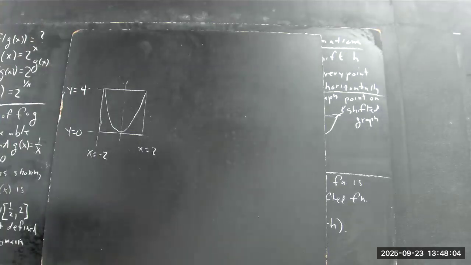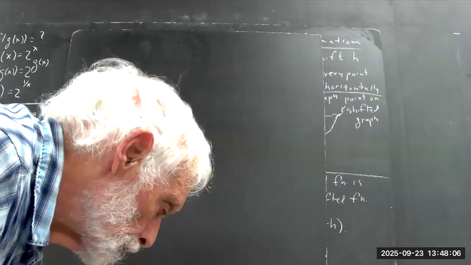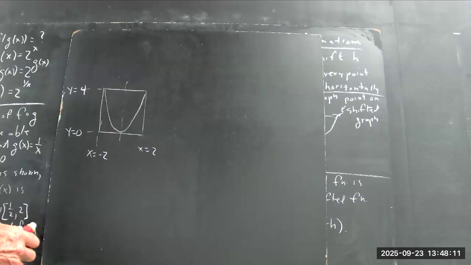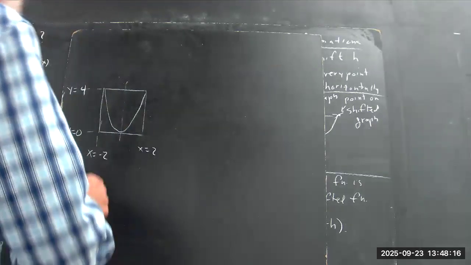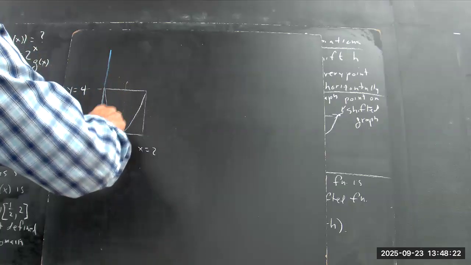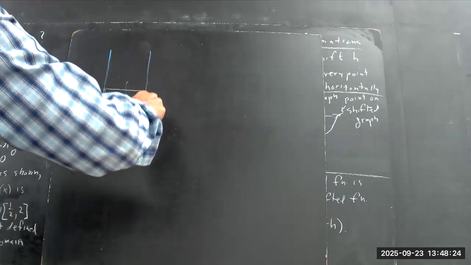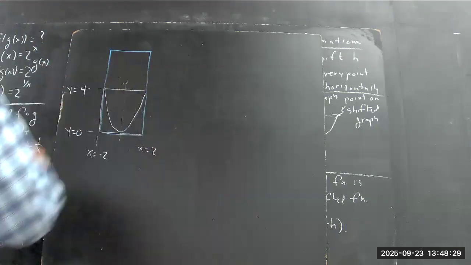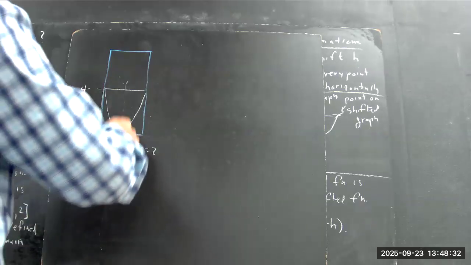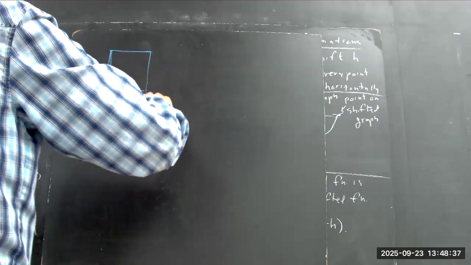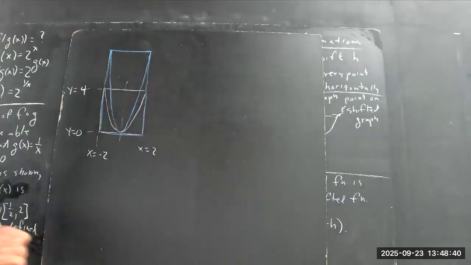I'm not going to do all the construction, but I assume you can do all the construction. Then I'm going to vertically stretch it. I think I've actually already done this, but we're going to do it again. So now we've got this blue rectangle, and if we construct our parabola in the blue rectangle, it's going to get skinnier, right?